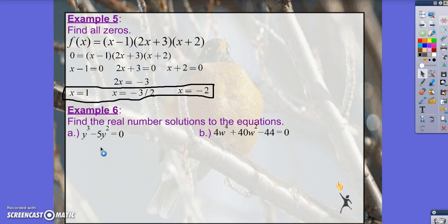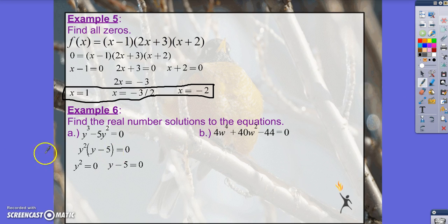If we look in our chart, 2 terms, we can actually factor out a GCF of y squared. So factor out the y squared, we're left with y minus 5. Now, I can't factor anything further, so I'm going to set y squared equal to 0 and y minus 5 equal to 0. So y squared equals 0, y minus 5 equals 0.